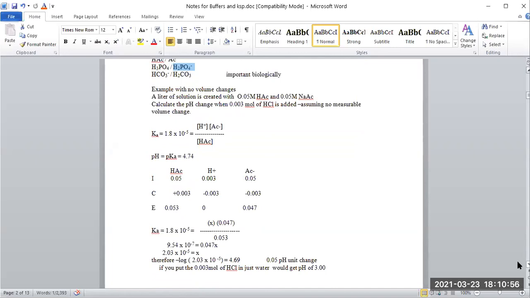And I assume that because I have identical acid and salt, weak acid and salt, I can take the pKa. Okay, remember I said p is a function. p means take the negative log of something.